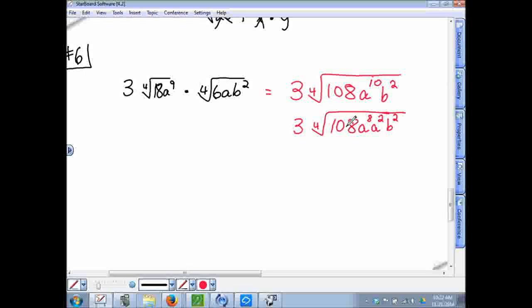We already decided that nothing happens with the 108. That a to the 8th, if you divide the exponent by the index, is going to become a squared. So we already had the 3, now we have an a squared out there. 3a squared, and we have the 108, a squared, b squared.